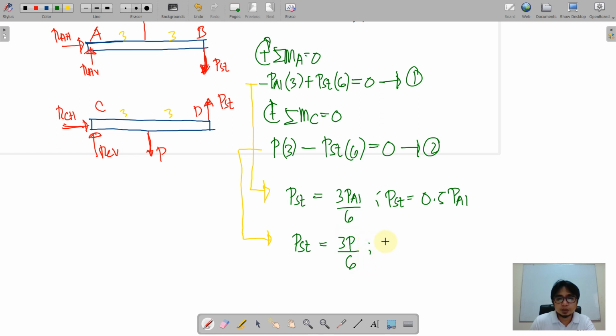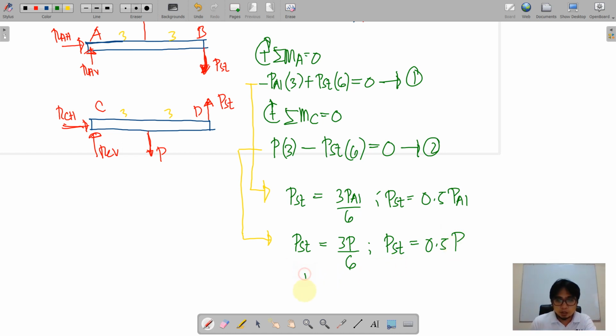So P of steel is equal to 3P over 6, which is 0.5 of P. P of steel is equal to 0.5 of P.